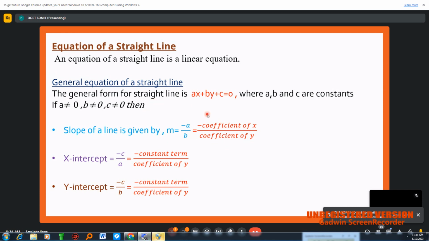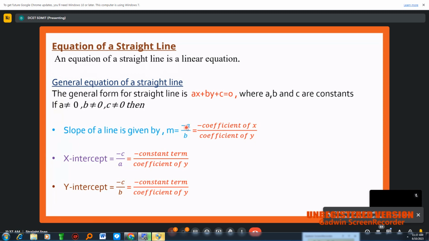If they give the equation and ask to find the slope, first write the equation in the general form, ax plus by plus c is equal to 0. Then write the values of a, b and c and substitute here. Then you will get the slope of the line.